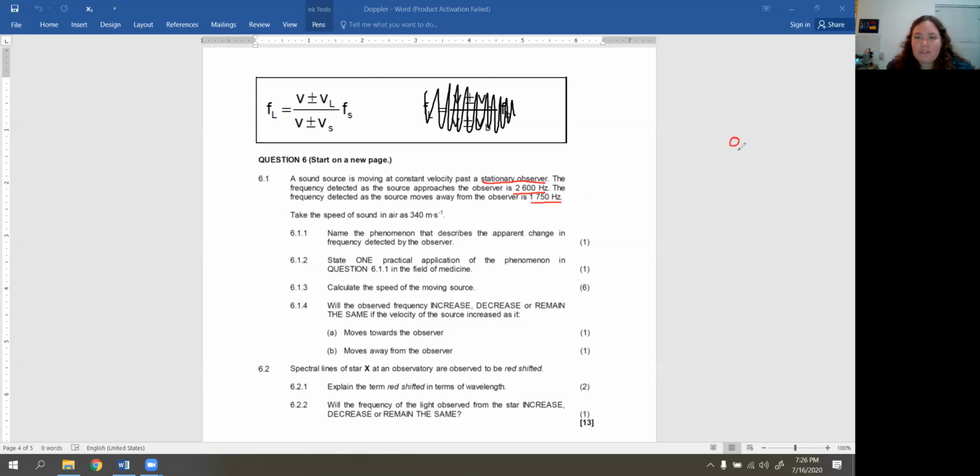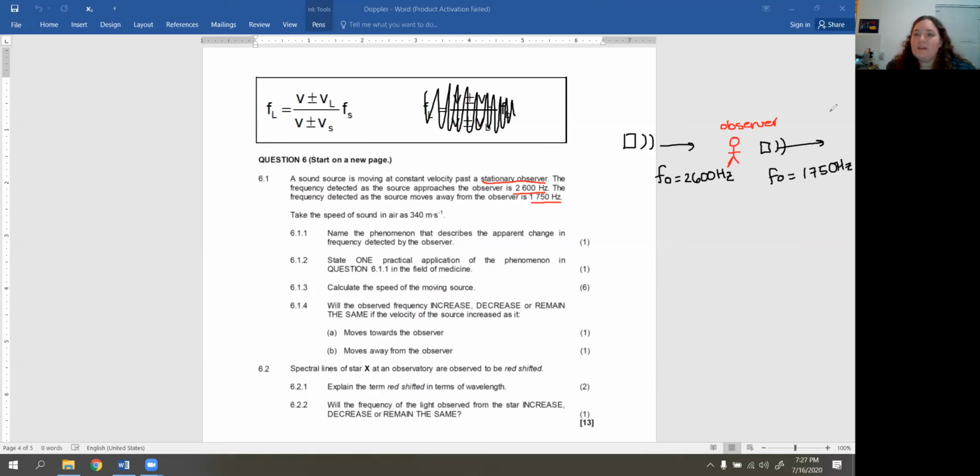So I'm going to deal with a situation where I draw a picture. This is my observer. As the source approaches, here's my source, the frequency observed is 2,600 hertz as it's approaching, and as it moves away, the frequency drops to 1,750 hertz.